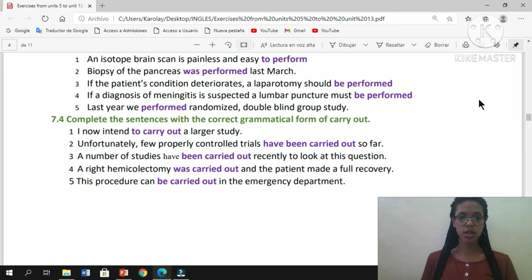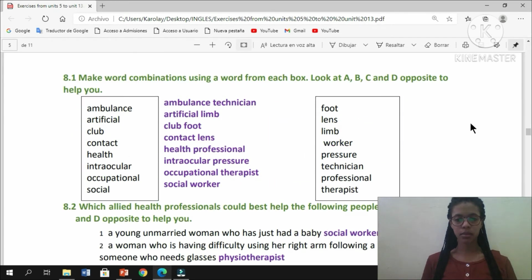A number of studies have been carried out recently to look at this question. The procedure can be carried out in the emergency department.